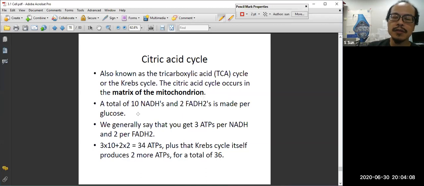From each glucose, we produce about 10 NADH, 2 FADH2. Generally speaking, each NADH can produce 3 ATP. Each FADH2 can produce 2 ATP. So overall, we may produce about 36 ATP from each glucose. So that is a very full use of each glucose.